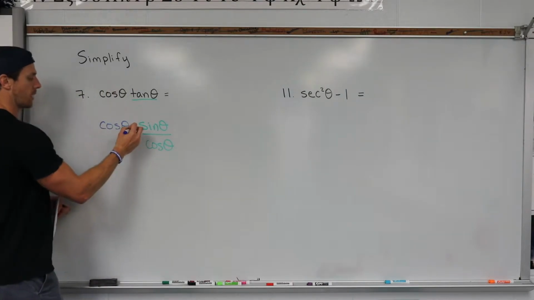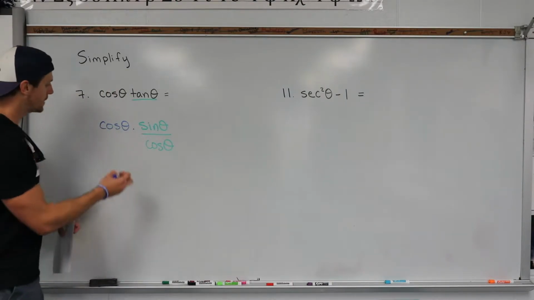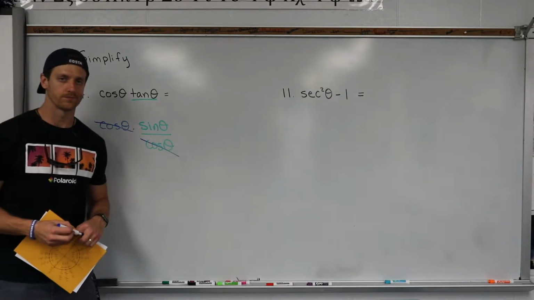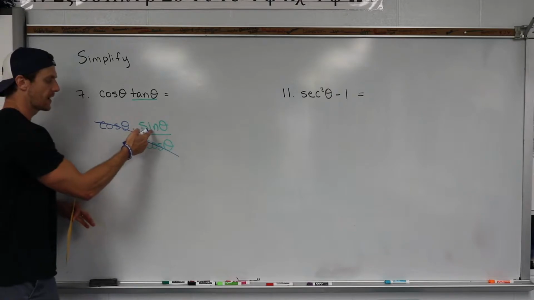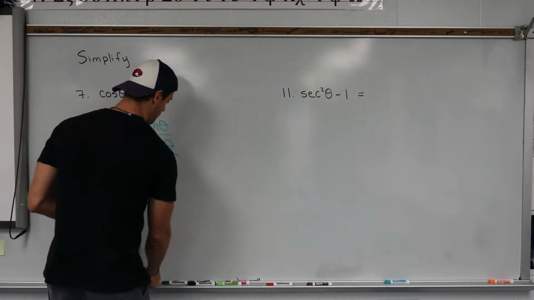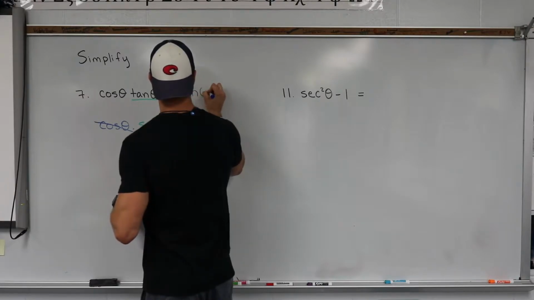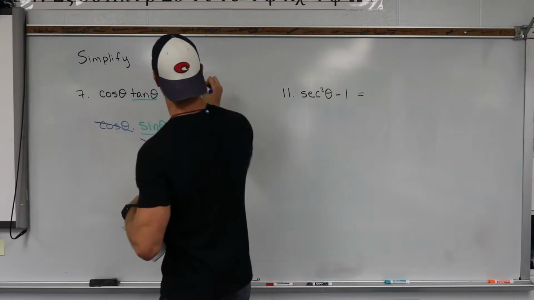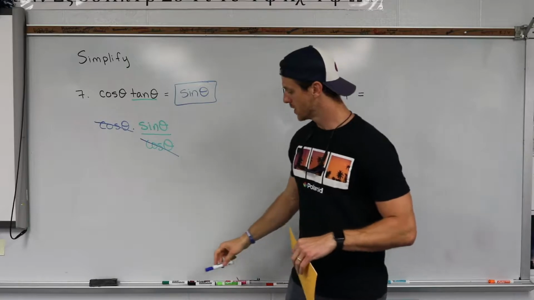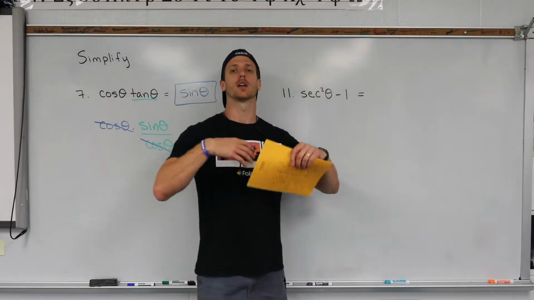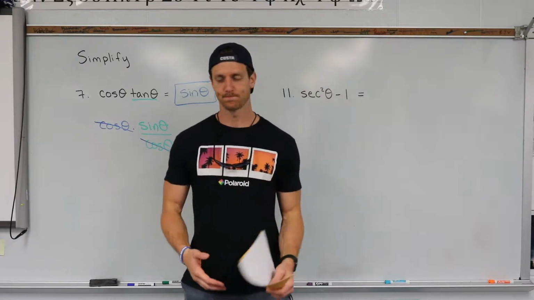And since we're multiplying, these two actually cancel out. And what are you left with? Sine of theta. Bam. That's your answer. Your goal is to always get everything in the numerator, nothing in the denominator.